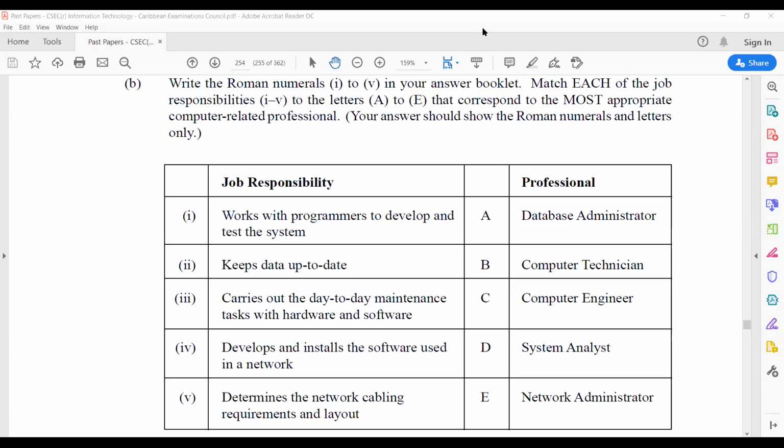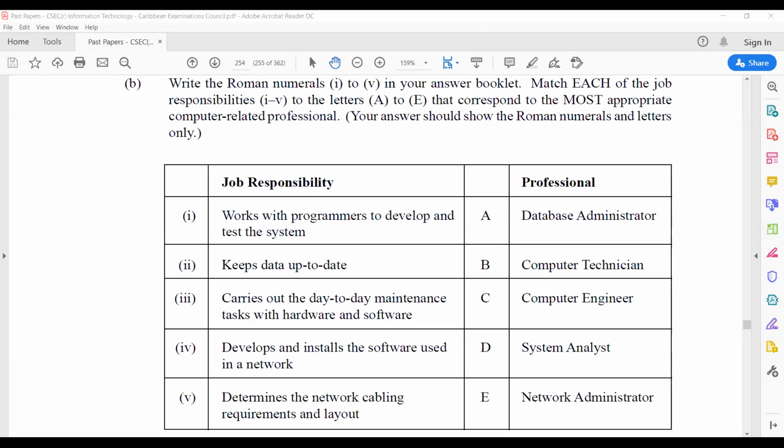Do we have any other suggestions for that role? The answer for that one would be the system analyst, as that is the one that most fits that requirement.